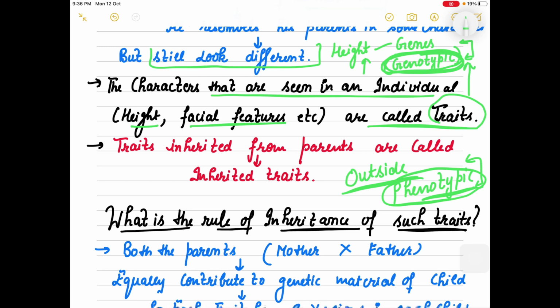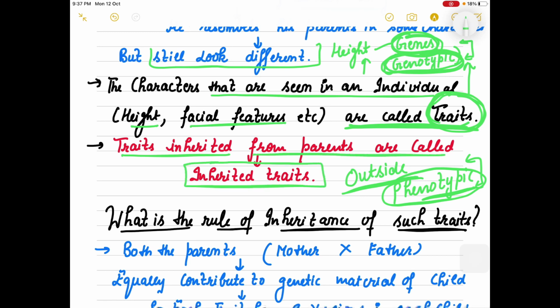My only purpose is to tell you that all those characters you are able to express are because of the genes which are coming from your parents. The characters which you are able to show, the characters which appear, those are traits, right? So traits are inherited. If they are inherited from the parents, they will be known as inherited traits, right?